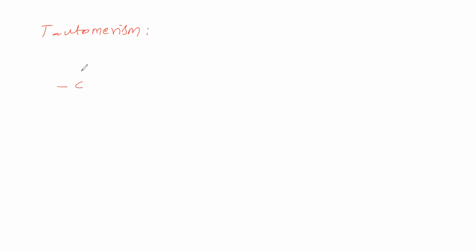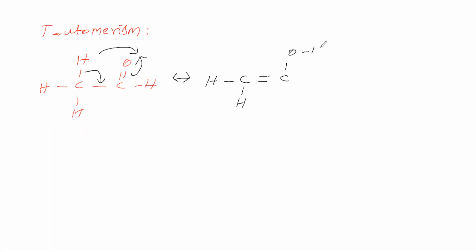Now we'll take an aldehyde, for example acetaldehyde. Here this is the alpha carbon because it is directly attached to the functional group, the aldehyde. This is the alpha hydrogen. This bond is shifting here and this hydrogen is coming here. Therefore we will get CH2 double bond COH.